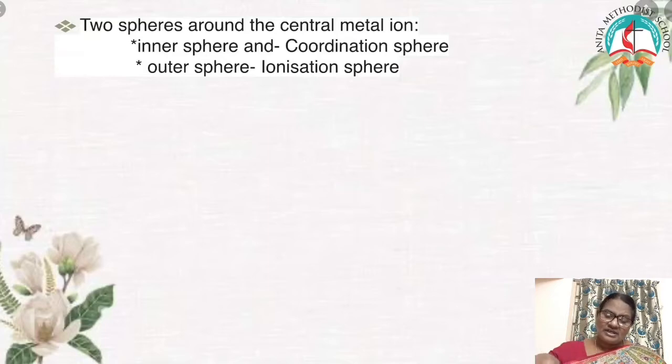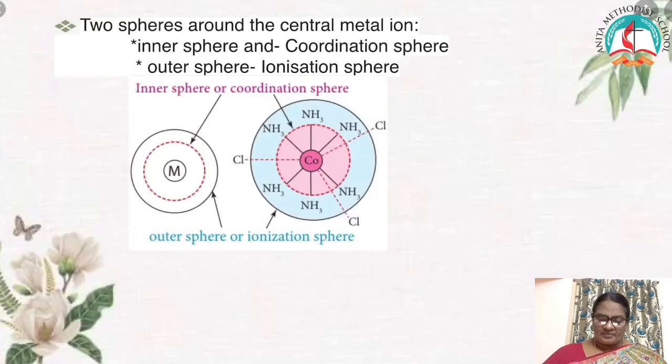The 3 chlorine atoms outside easily ionize in water. They are loosely bound, here you can see by broken lines, and they form the outer complex or the outer sphere. The secondary valencies, this amine NH3 which is inside the coordination sphere, are directional. They only decide the shape of the complex.